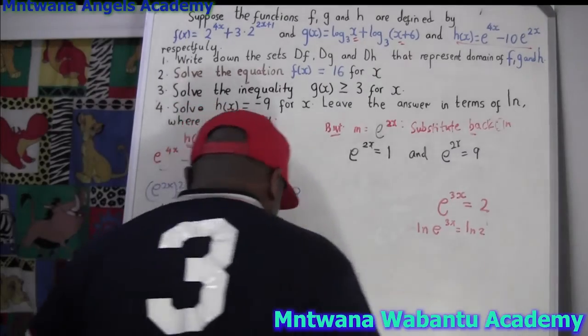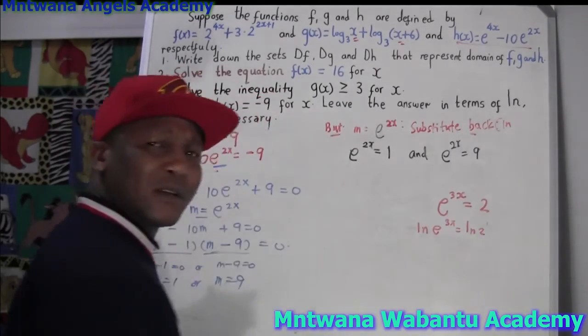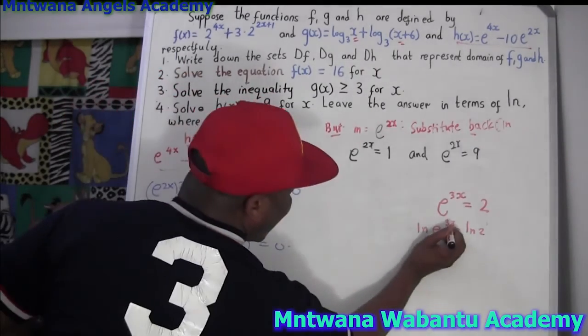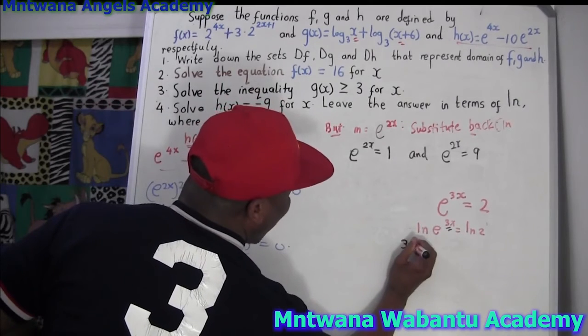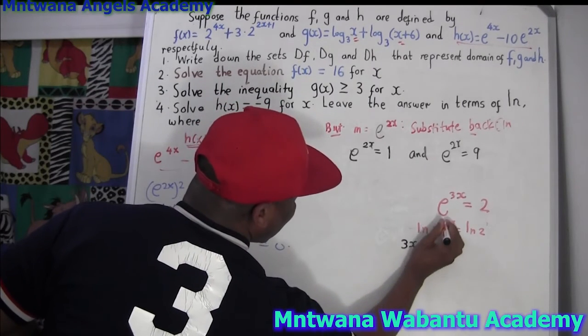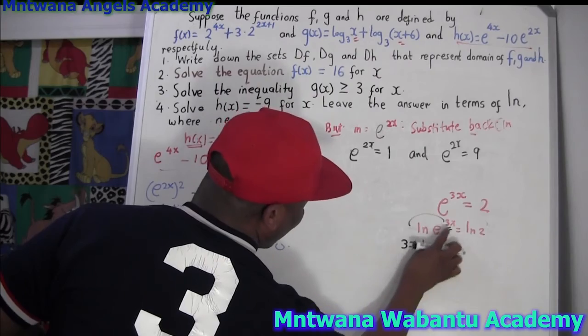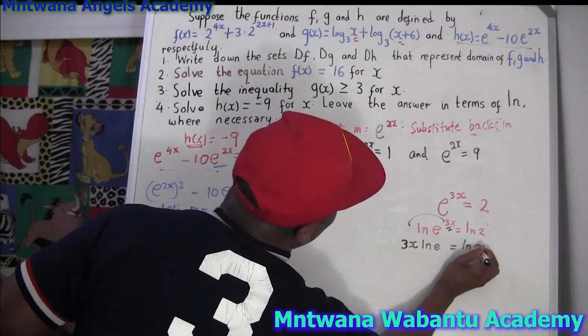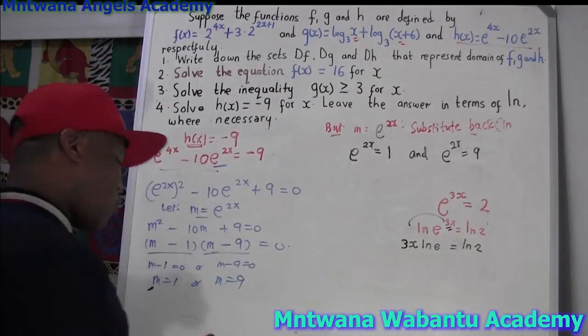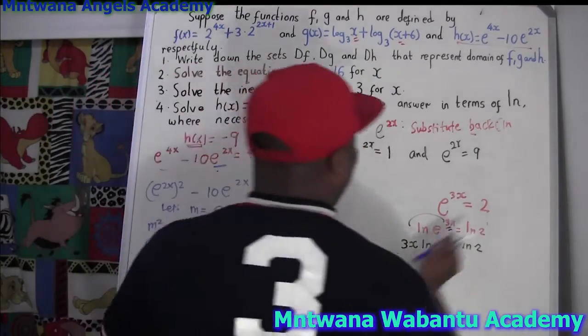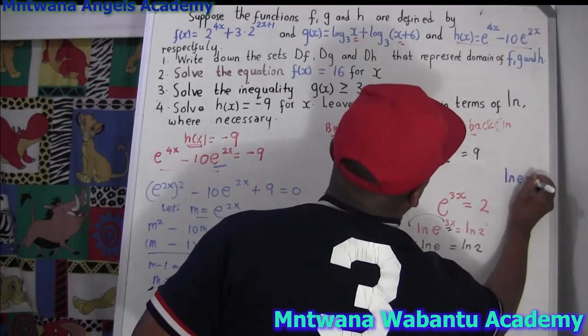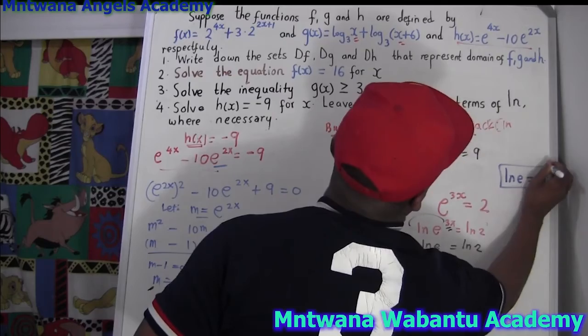So now the power 3x comes to the front, and then we write ln of e, and this is ln of 2. Ln of e always equals 1. You gotta note it.